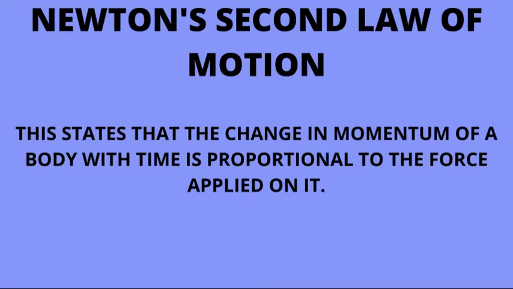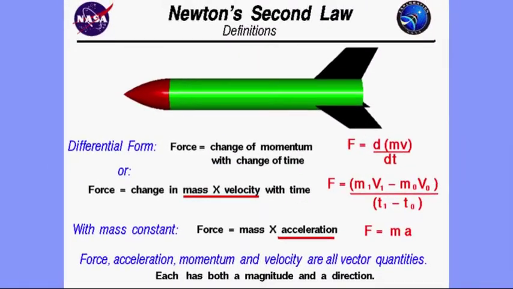For instance, if an object is moving and the object increases in velocity, let's say you are moving a car and you press the acceleration pedal, the car's velocity will increase according to the force that you apply to the pedal. So the force determines the change in momentum with time. If it's a large force, the change in momentum will be large. If it's small force, the change in momentum will be small.